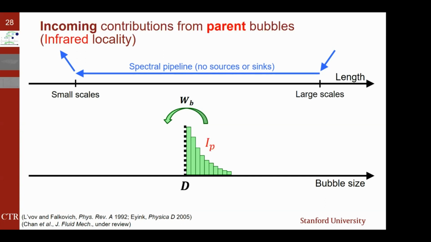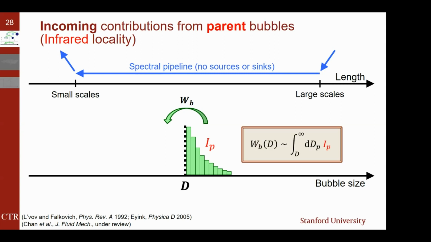We can do this by decomposing the contributions from individual parent sizes, from D to infinity. So if we call this integrand IP, and we integrate IP from D to infinity to recover the total flux WB, then for locality to occur, IP has to strongly decay as you go from D to infinity. So as you can see from this schematic, everything is bunched near the cutoff.